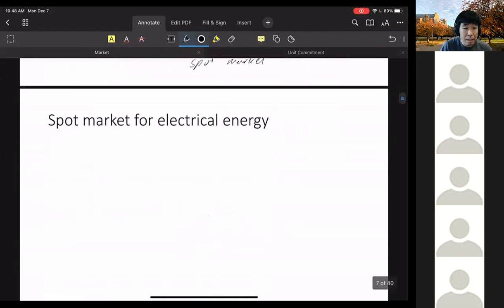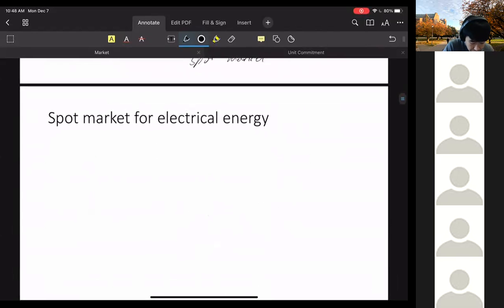So the spot market for electricity really is the balancing of supply and demand. I have some demand, I have some supply, and we want to balance the supply and demand.